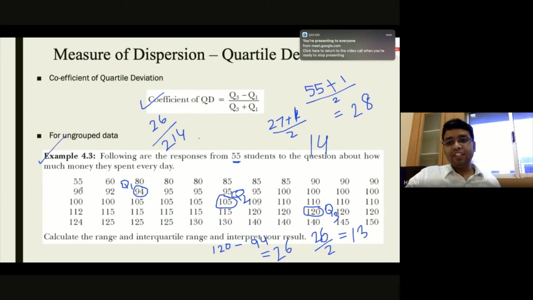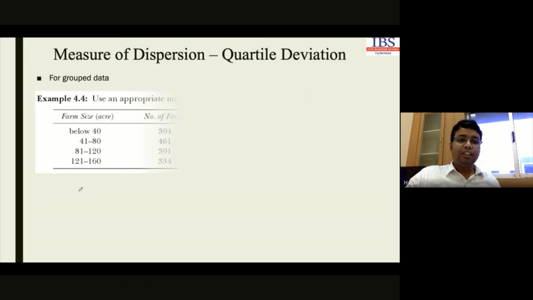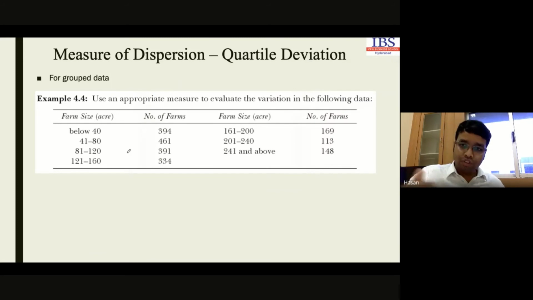So this is the case for ungrouped data. If we have grouped data, we can do the same thing. First, calculate the cumulative frequency and then identify the quartile positions: first quartile, second quartile, third quartile, and take the different measures. So this will be your homework. I already explained how to decide the different quartile positions.